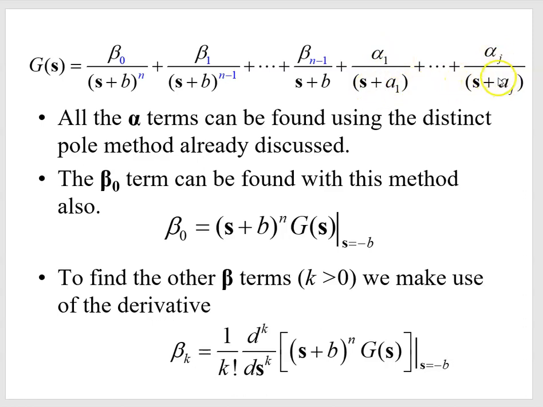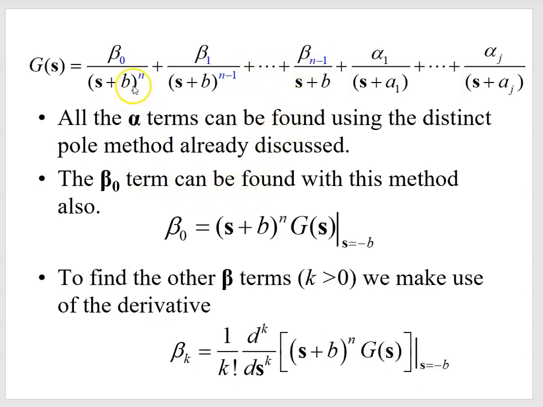Alpha j is over the denominator that has a distinct root of negative aj. However, for our repeated roots, they all use the variable beta. The subscript 0 is over the repeated root to the power of n. So this is the first key thing that we need to know about expanding these repeated roots: 0, 1, 2, 3, 4, 5, up to n minus 1.